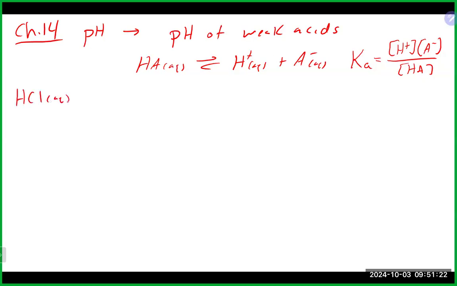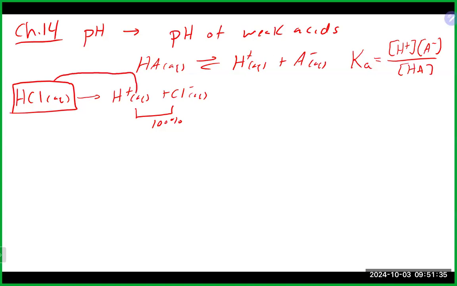Because it is a strong acid, it will 100% break apart or ionize in solution. And because you have 100% of that, you're able to relate the concentration of the whole thing directly to the concentration of the H plus, and go directly into your pH equation.